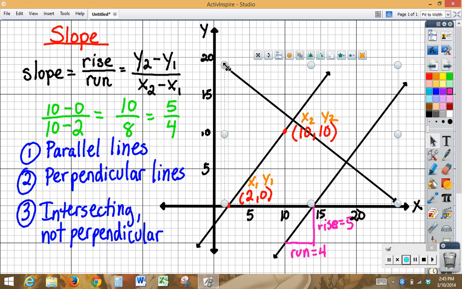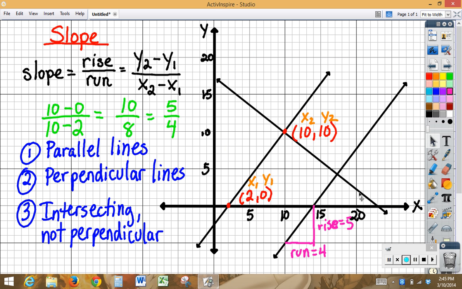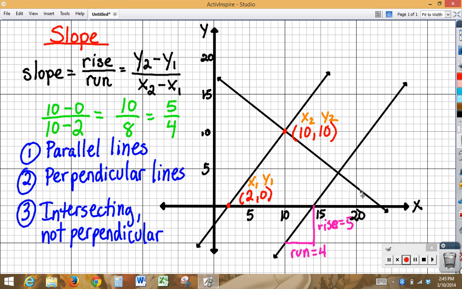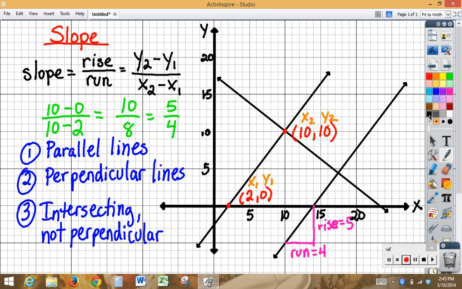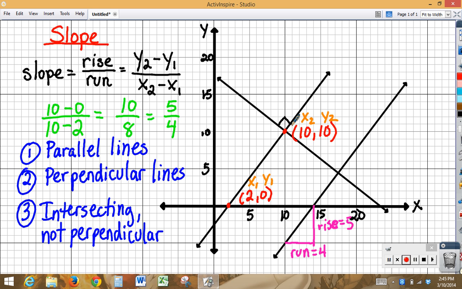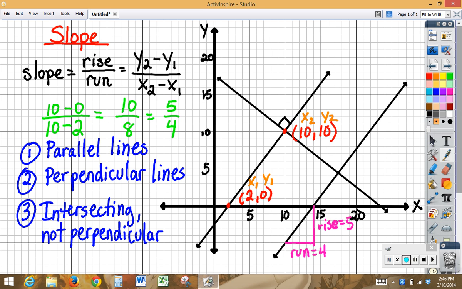There we go. So we see here that these two lines appear to be perpendicular. And we can tell that because they cross at a right angle. So the question is, what can we say about the slope of this perpendicular line?